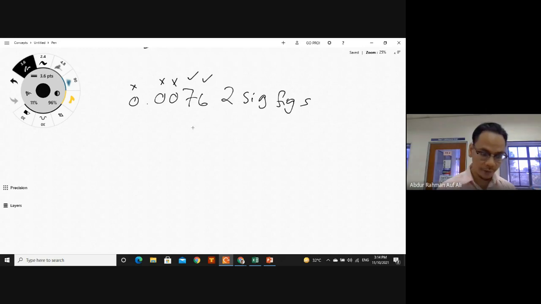So kalau saya kata bundarkan to 1 significant figure, this is the first significant figure. So kalau nak bundarkan dia jadi 1 nombor bererti saja, tengok nombor ni 6, so jadilah 0.008. Now it has only 1 significant figure. Ini saja significant. Yang ini tidak significant.